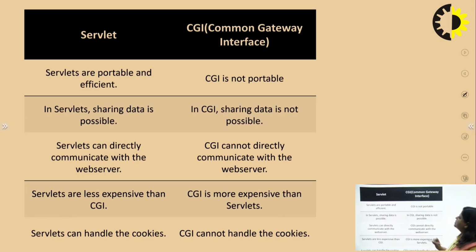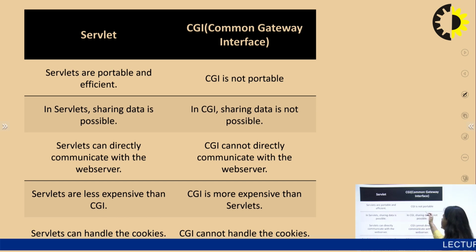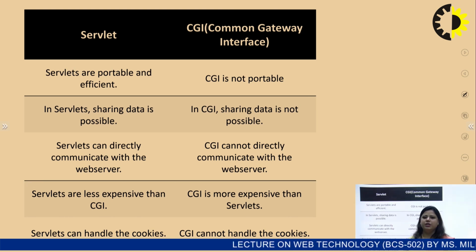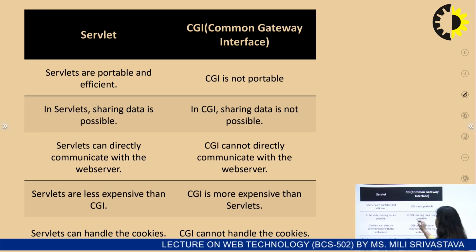There are some differences between servlet and common gateway interface. This is a very important question for AKTU purposes. Servlets are portable and efficient, whereas CGI is not portable. In servlet, sharing data is possible, but in CGI, sharing data is not possible.